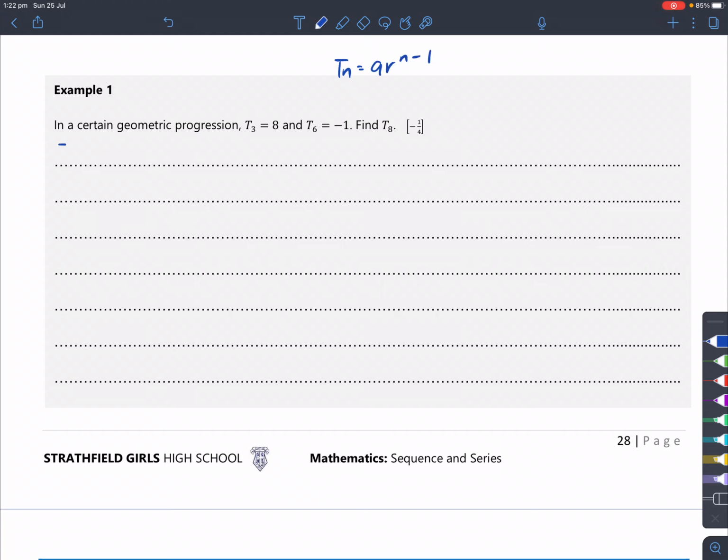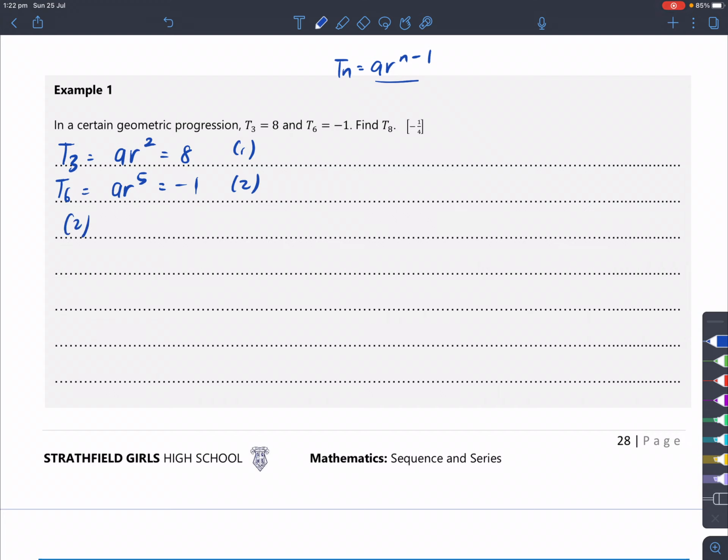So T3 being 8 means, in terms of the formula, it will be AR squared. Okay, and that will be equal to 8. T6, however, would equal AR to the power 5, and that would equal negative 1. So now that we've got that, I'll call this equation 1 and 2.